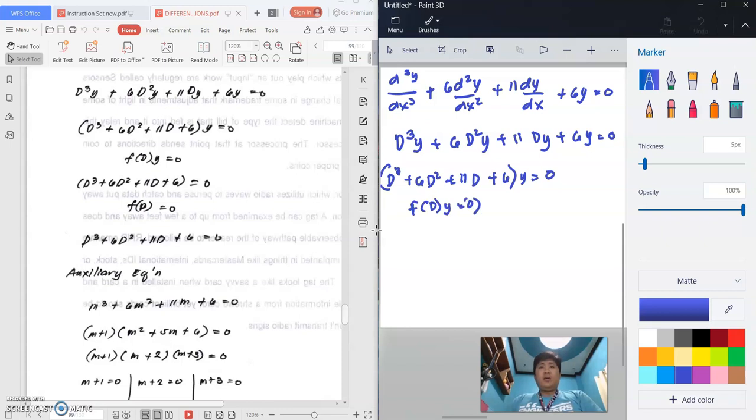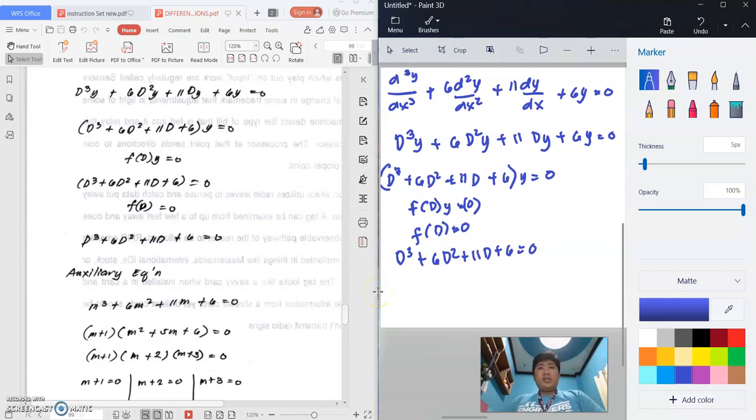And what we need only here is your f of d, which is equal to 0. So therefore, you have d cubed plus 6d squared plus 11d plus 6 equals 0. Then we get our auxiliary equation.